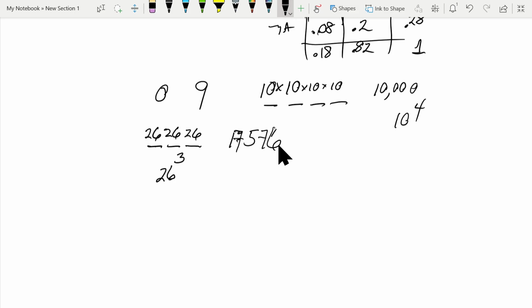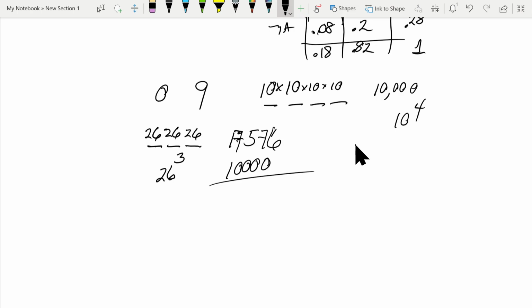There's approximately 9 million people in Virginia. At least half of them have a car. Some of them have 2 cars. So this is 17,576 times 10,000. We add 4 zeros to that.